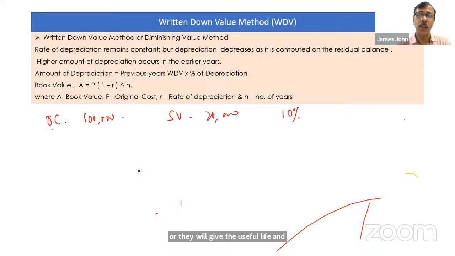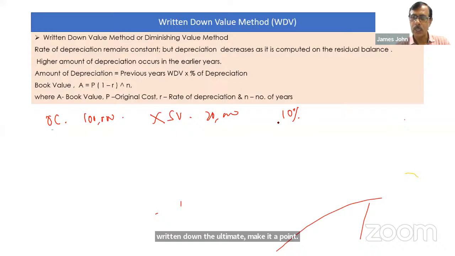And another important point in written down value method is we will not take into account the salvage value or scrap value for computing the depreciation under written down value method. Make it a point. Scrap value is not taken into account.